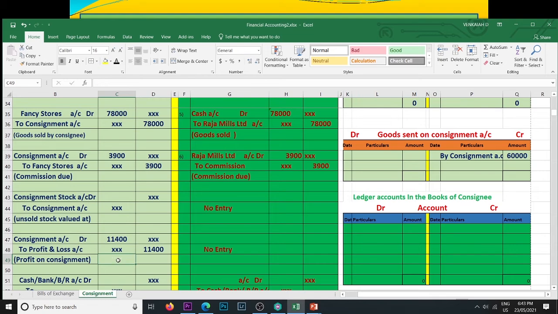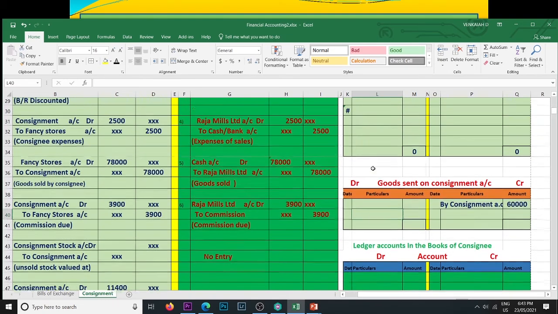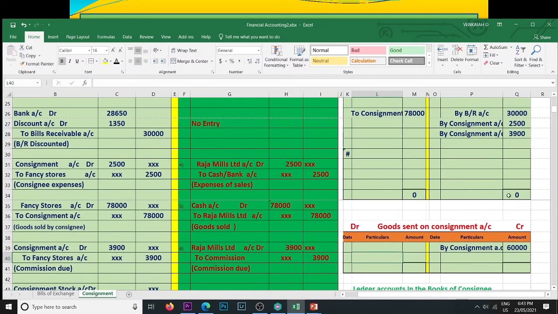Right. And now we have to close the consignee account to know the balance.